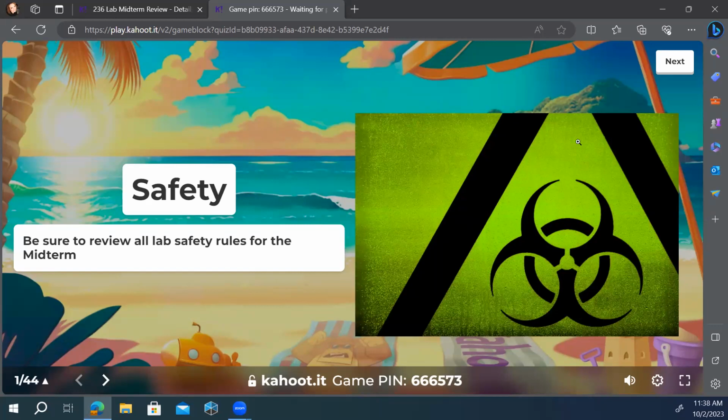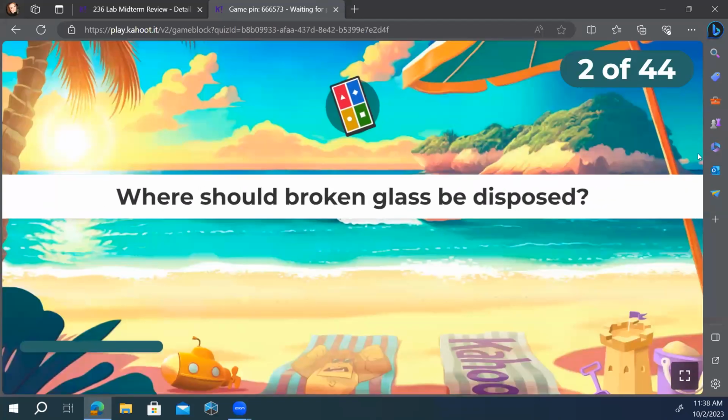First up, we need to know about safety. So we're going to go through the sections of the concepts you need to know. Just obvious stuff like what's on the paper posted online: put your things where they belong and all of that. I think there's only one question from safety. Where should broken glass be disposed?